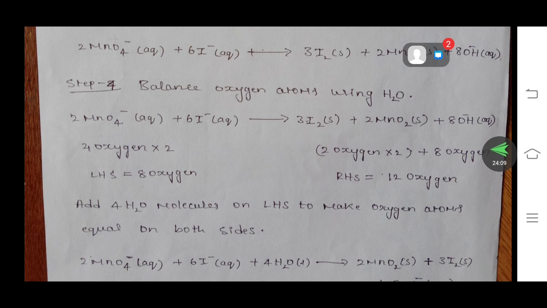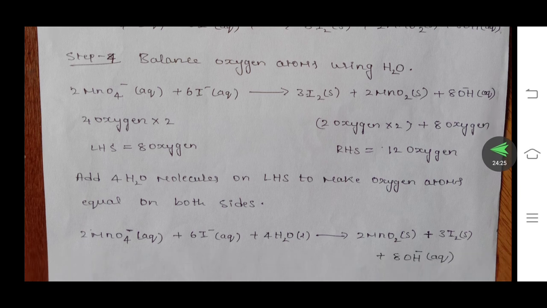On the right hand side, 2 into 2, 4 oxygen, plus 8 oxygen in OH minus, so 4 plus 8, total 12 oxygen atoms. Now on the left hand side 4 oxygen atoms are less, so add 4 H2O molecules on the left hand side to make oxygen atoms equal on both sides.